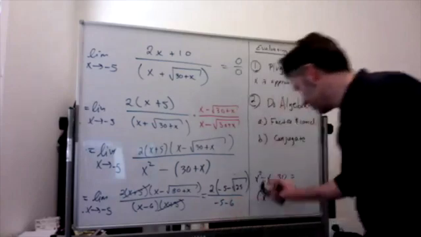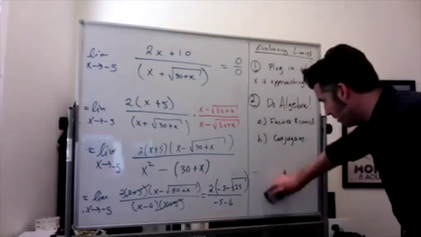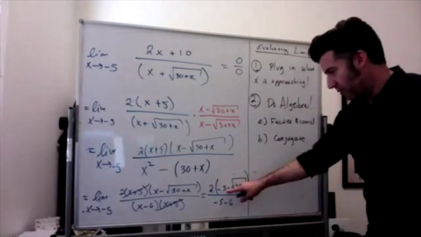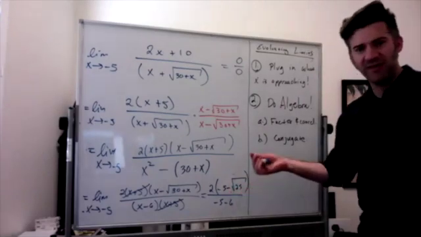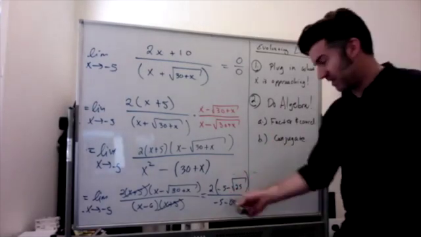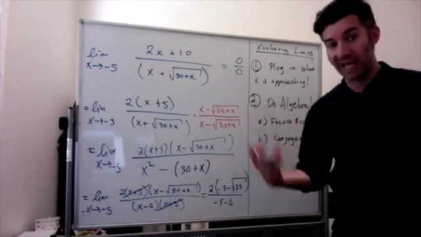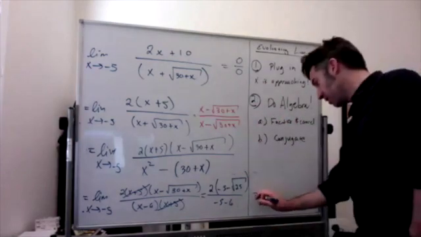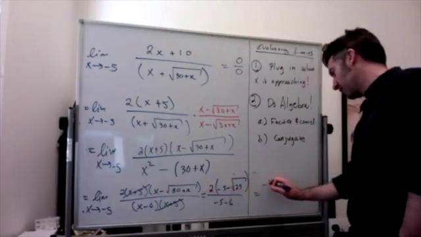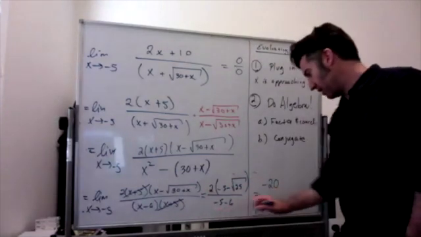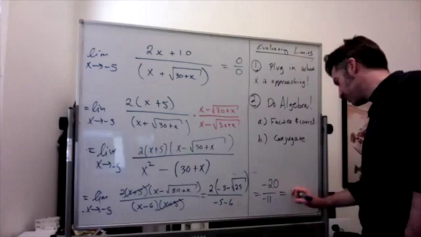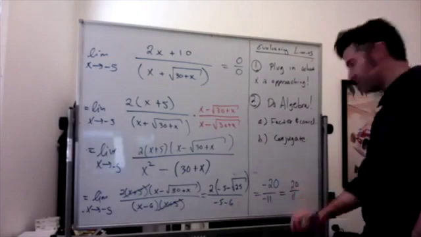Simplifying that a little bit, -5 minus 5 is -10. Be careful. I've definitely seen people say that something like this is 0. -5 minus a number gets more negative, so it's going to be -10. So I've got 2 times -10, which is -20, and -5 minus 6 is -11. So 20 over 11.